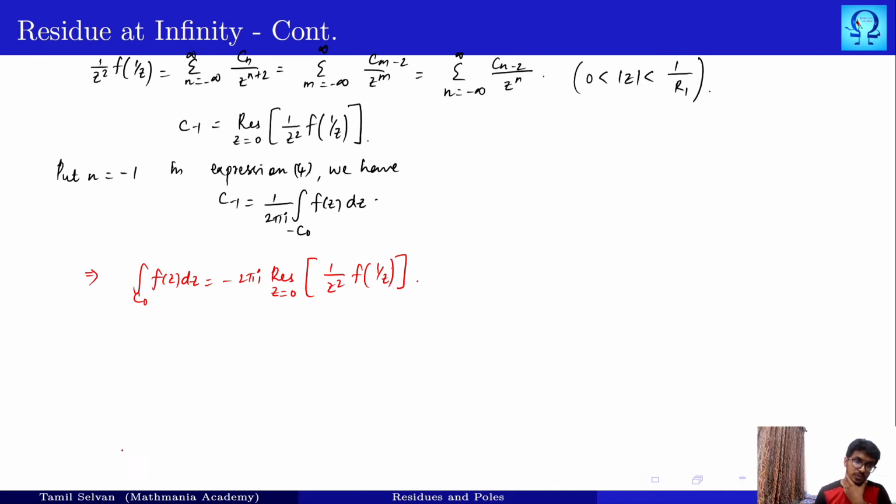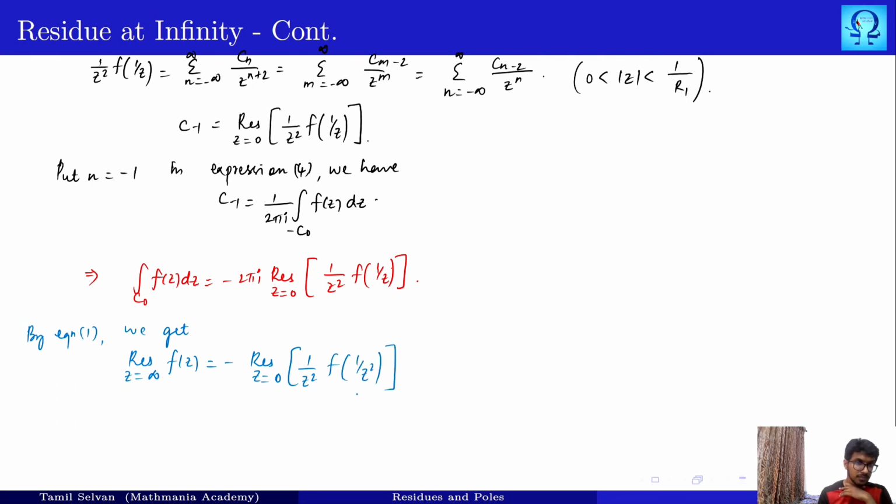Okay, which means by equation 1 we get the residue at z equals infinity of the function is minus the residue at z equals 0 of the function 1 upon z squared f of 1 upon z.